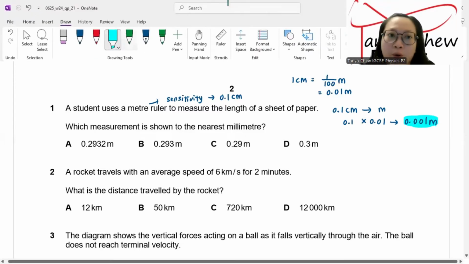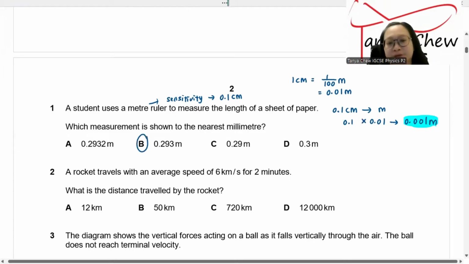Whenever you do your measurement, you have to bear in mind that all the readings must be recorded according to the decimal points of the apparatus, according to the smallest division of that apparatus. In this case, our meter ruler, the sensitivity or the smallest division is 0.001 meter. So that is why your reading has to be in 3 decimal points. So 3 decimal points, B is the answer.